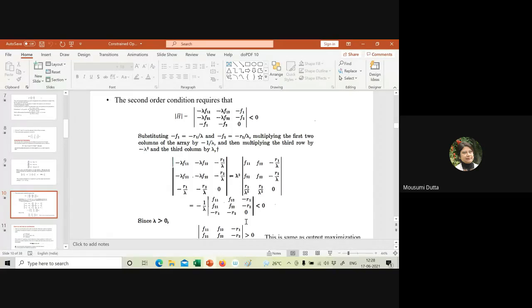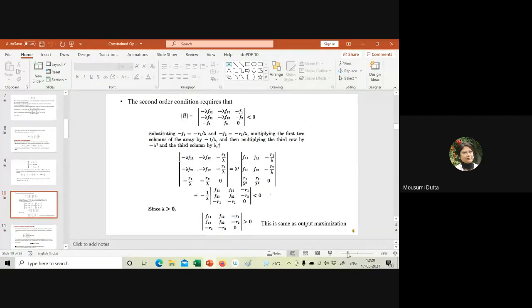Now, if I come to the second order condition, we will get these expressions. Substituting minus F1 is equal to minus R1 by lambda, minus F2 is equal to minus R2 by lambda. Multiplying the first 2 columns of the array by minus 1 by lambda, and then multiplying the third row by minus lambda square, and the third column by lambda, we get this result.